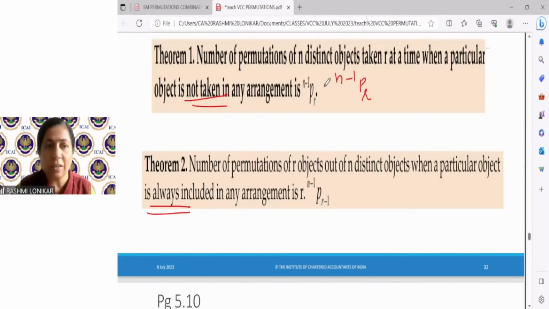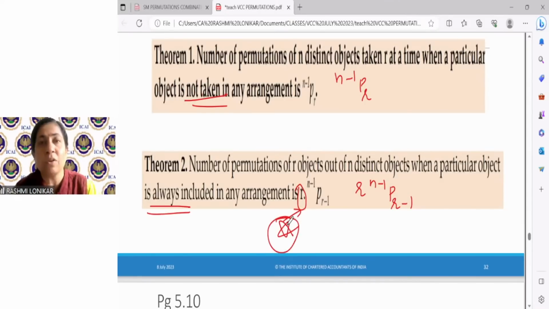In the second theorem, I will always take that object. So this is r into n minus 1 P r minus 1. This r is very important. Please remember, most of you tend to forget this.